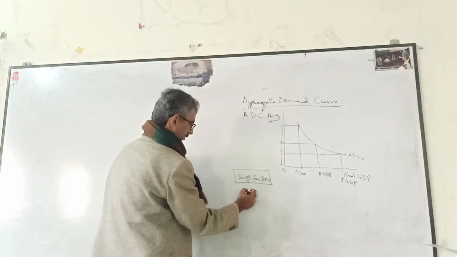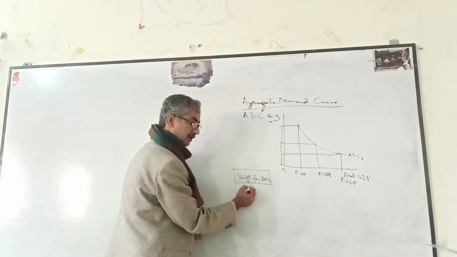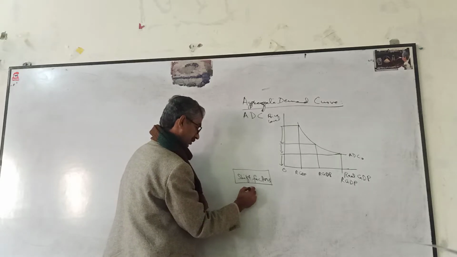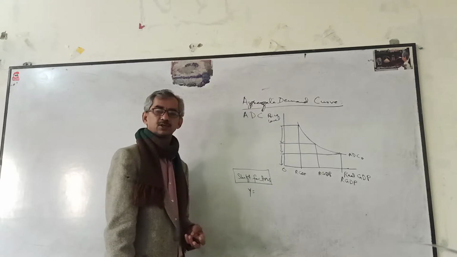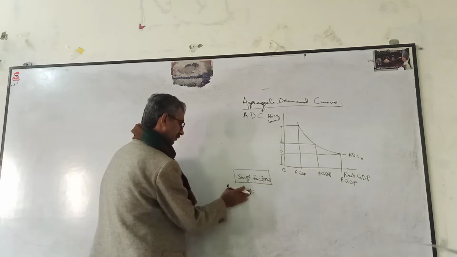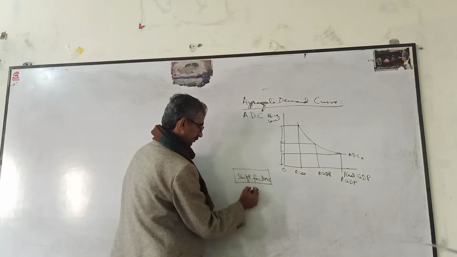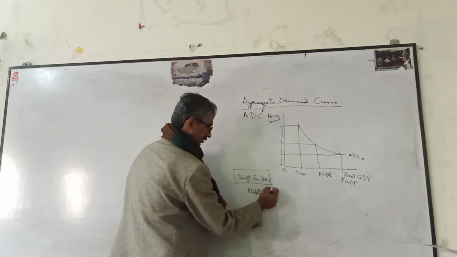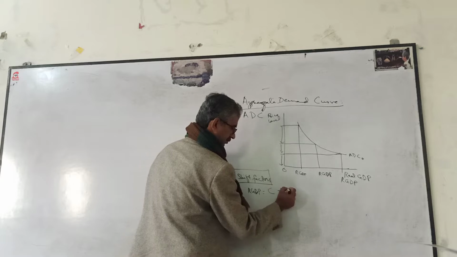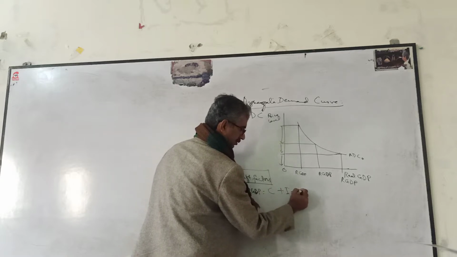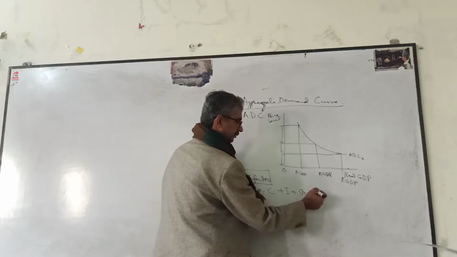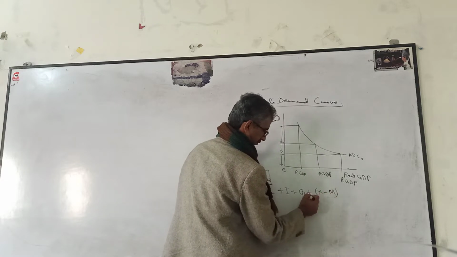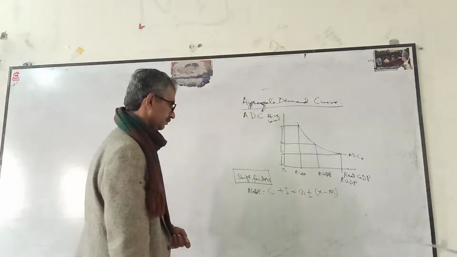As we discussed in the previous lecture, there is a simple equation: Y, the total income of the country, or the GDP, or simply the real GDP, is equal to consumption, investment, government expenditure, and X minus M, the net exports.